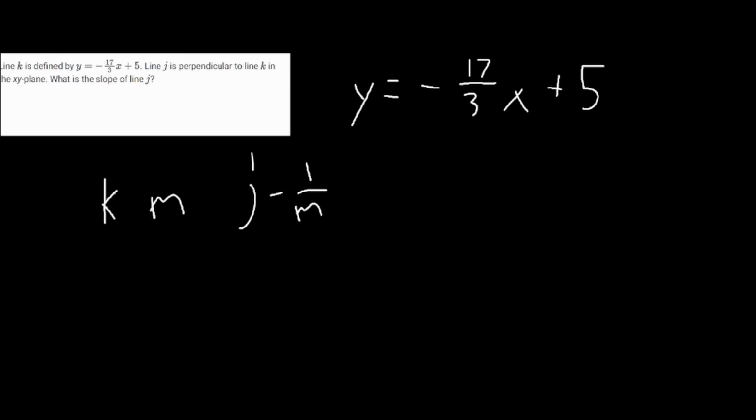So if we're applying that to this particular equation, we will have to flip the numerator and denominator, giving us 3/17. And we will add a negative to that, so that's negative 3/17. Two negatives is a positive, and so we have 3/17 as our final answer for the slope of line j.